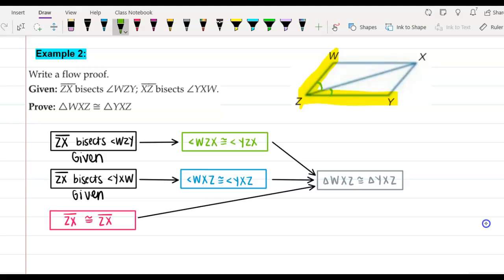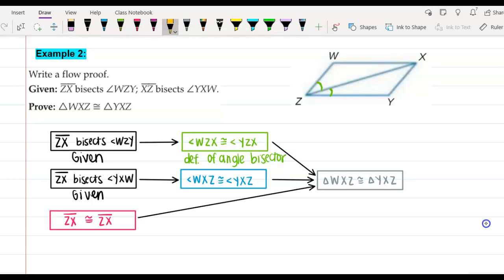Conveniently, we just did one like this, so hopefully that's still in the back of your mind. When we have a segment bisecting an angle, we just have an angle bisector. So this would be definition of angle bisector.